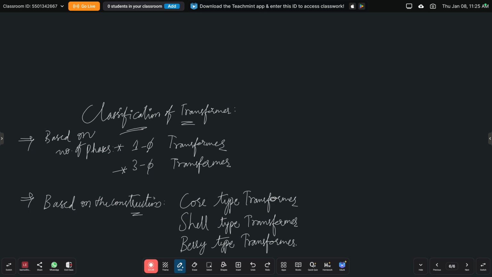We are not using the berry type transformer nowadays. We are going to use only the core type and shell type transformer. So based on the construction point of view, we know that.